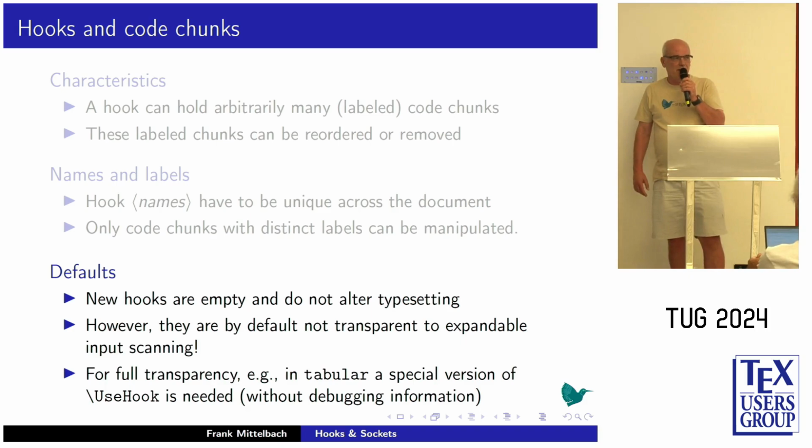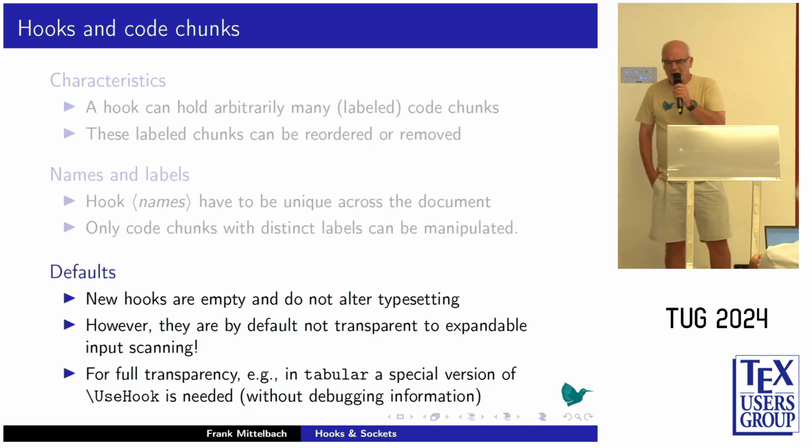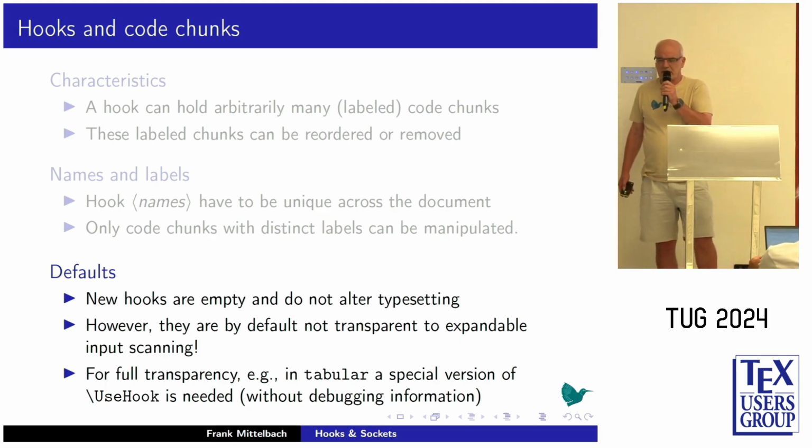And if there's a hook in the way, then it stops at this point. So for tabulars, there have to be special hook usages. As I said, for full transparency you need a special hook usage in tabular environments.